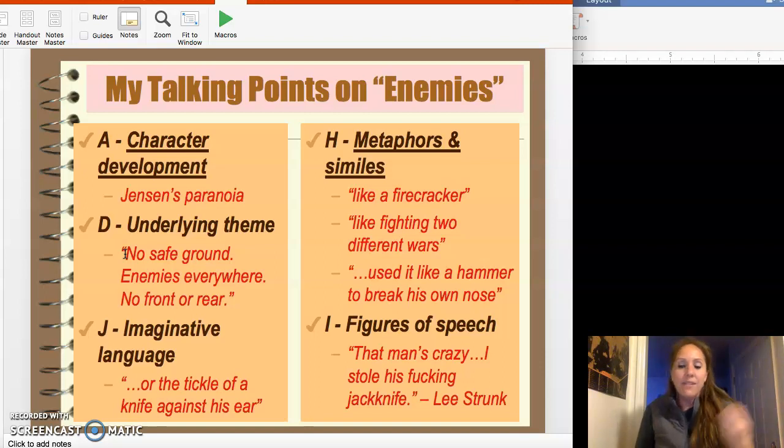And it develops this idea that, boy, Jensen is so paranoid that he's doing this crazy thing. And we're all like, oh my God, he must be so scared. Lee Strunk is probably this crazy, violent, dangerous guy. And we almost feel like we are worried for Jensen, and we understand why he's so scared.